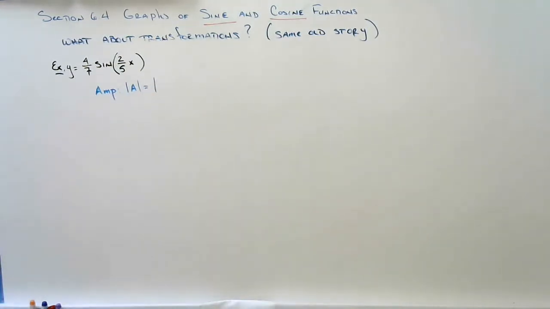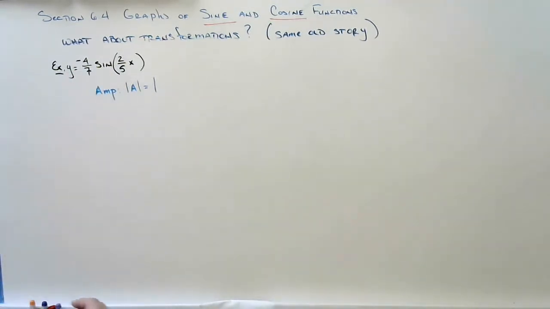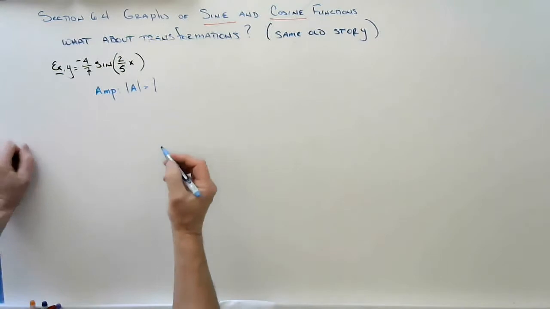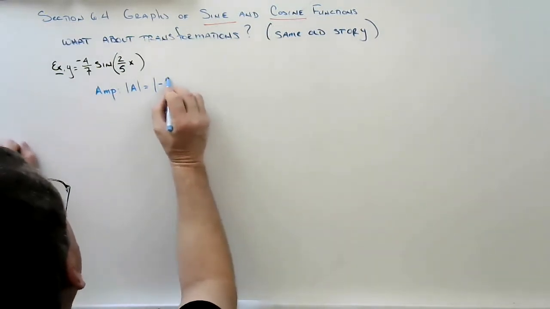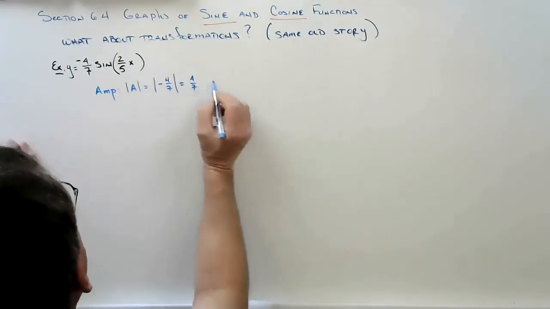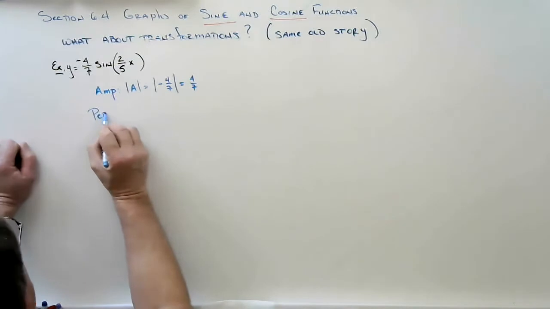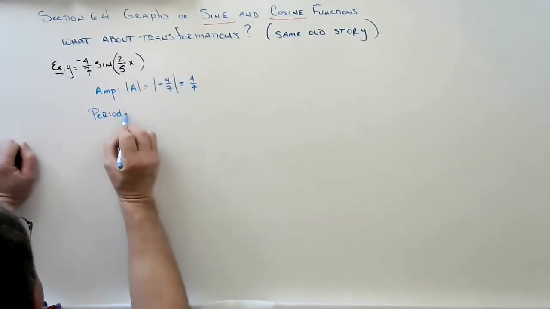I'll tell you what, we'll even make this -4/7. We'll make the graph upside down, right? So we're going to go -4/7. So my amplitude is 4/7. Okay. So what's my period? Oh my goodness. What's the period going to be?